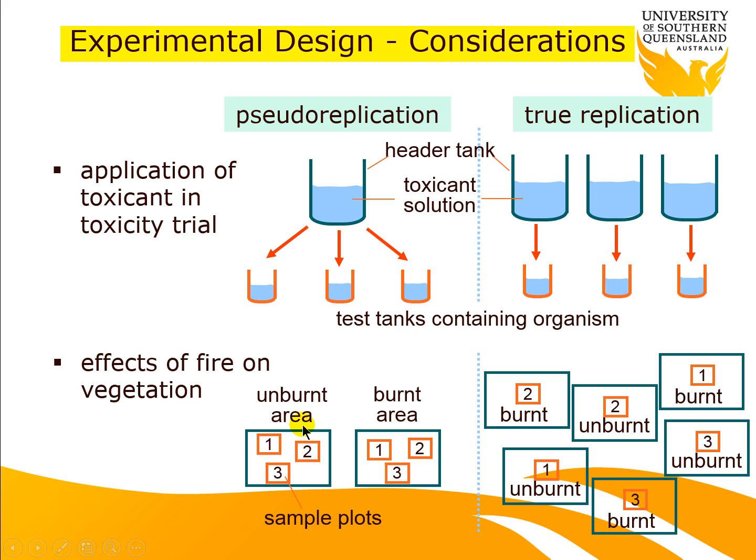So if we go to one unburnt area, one plot, and we take 3 measures within that one plot of an unburnt area and again of a burnt area, these are pseudo-replicates. They're just 3 measures of this one area. They don't represent unburnt areas in general. If we went to 3 different burnt areas, so 1, 2, and 3, and we took a sample within each of those independent areas, and same for unburnt, then we would have true replication.